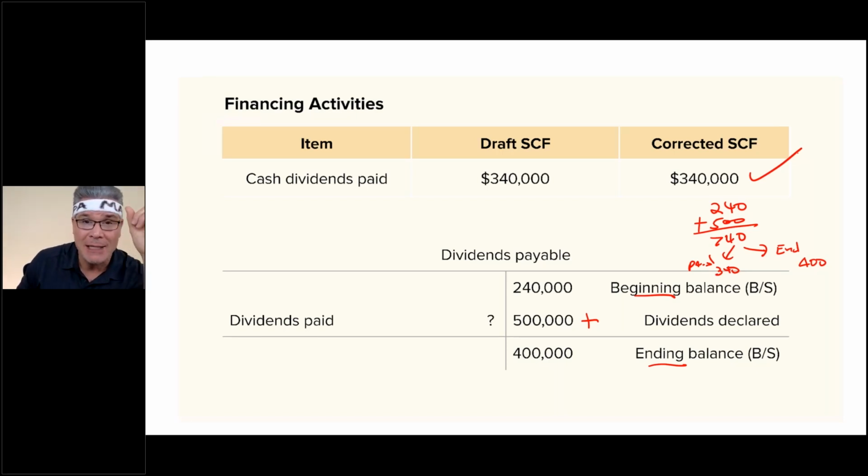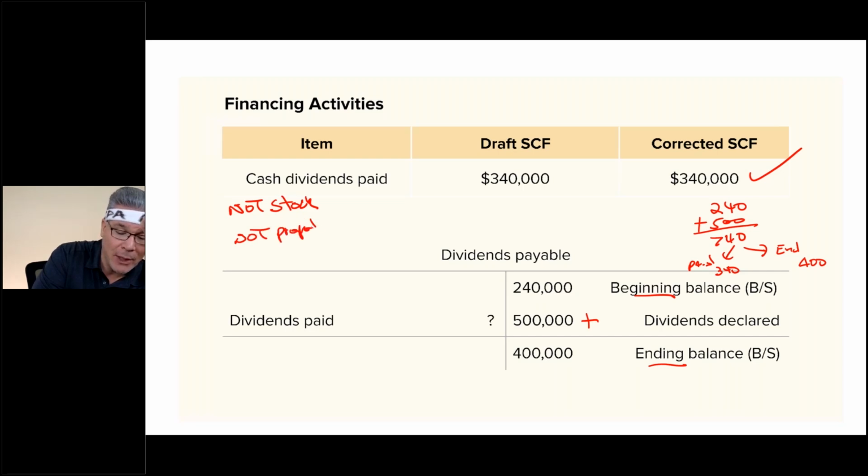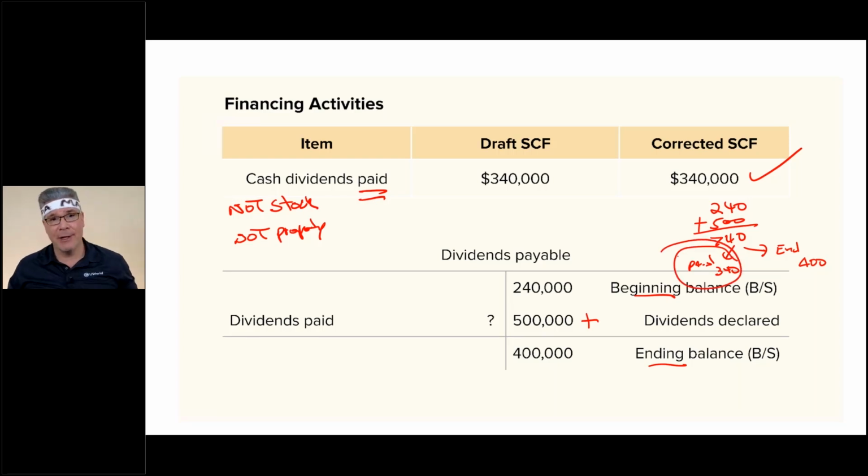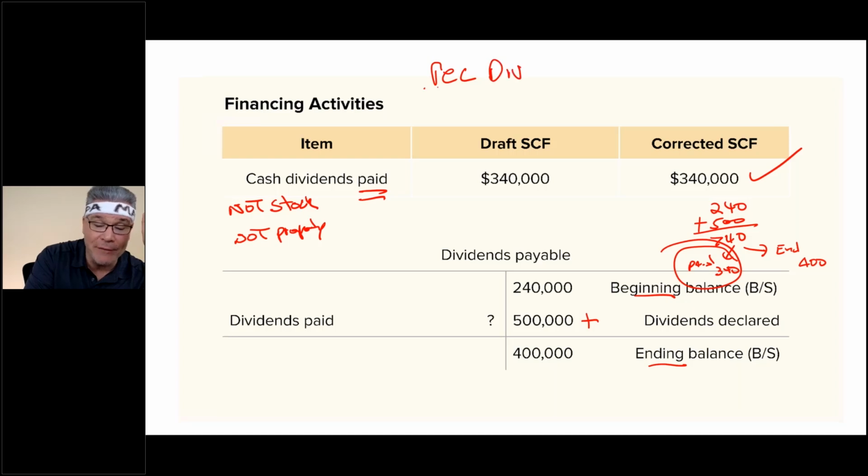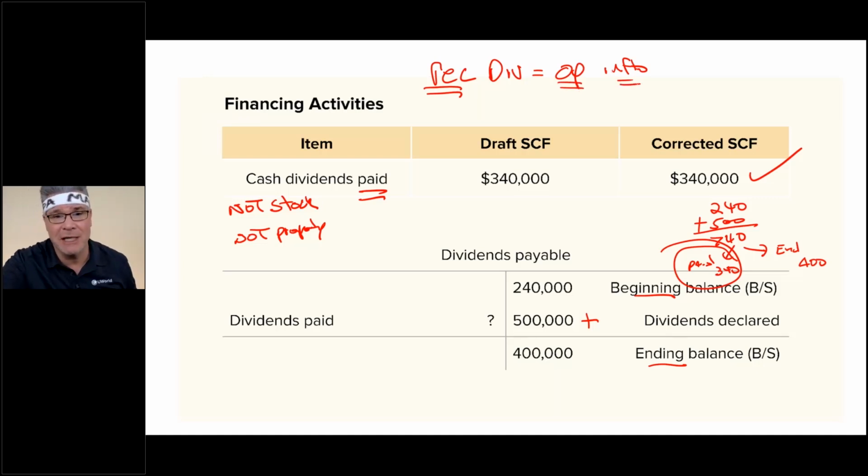Make sure it's a cash dividend, not stock, not property, and make sure it's actually been paid, not just declared. And when you receive a dividend under US GAAP, on the receiving side, that's operating inflow, assuming it's a cash dividend.